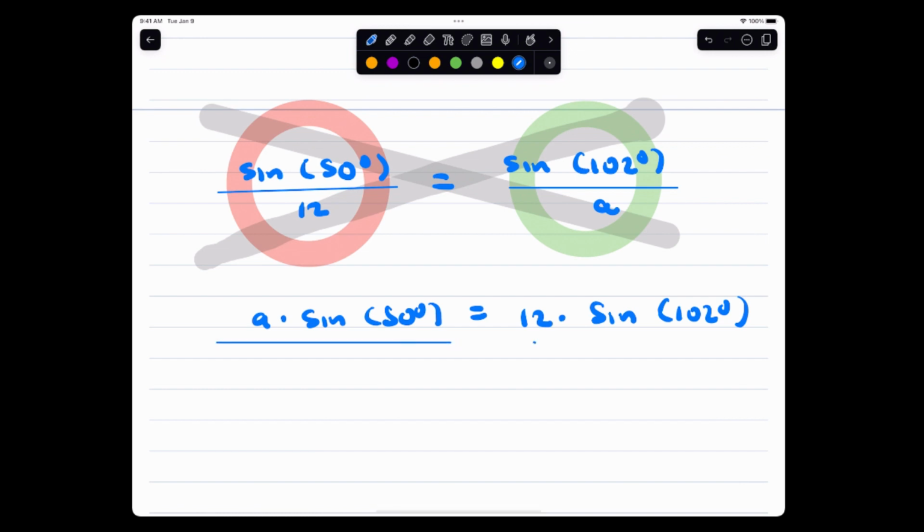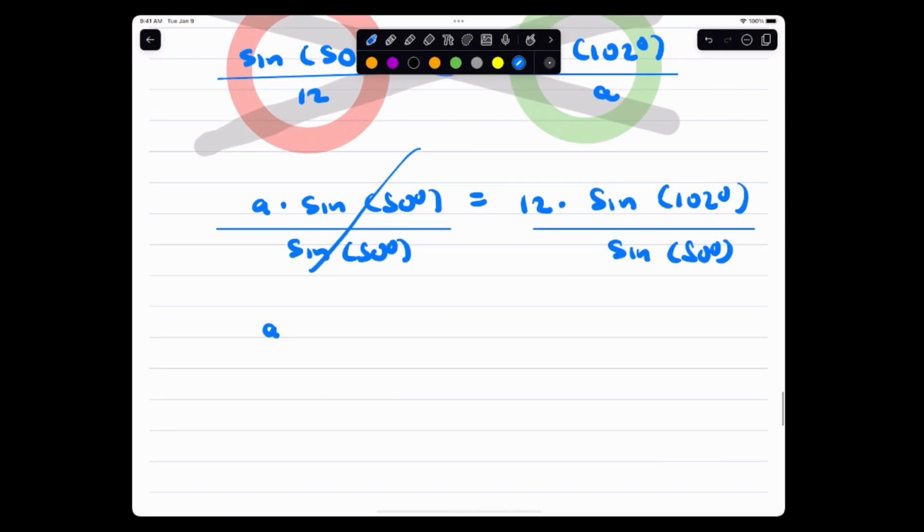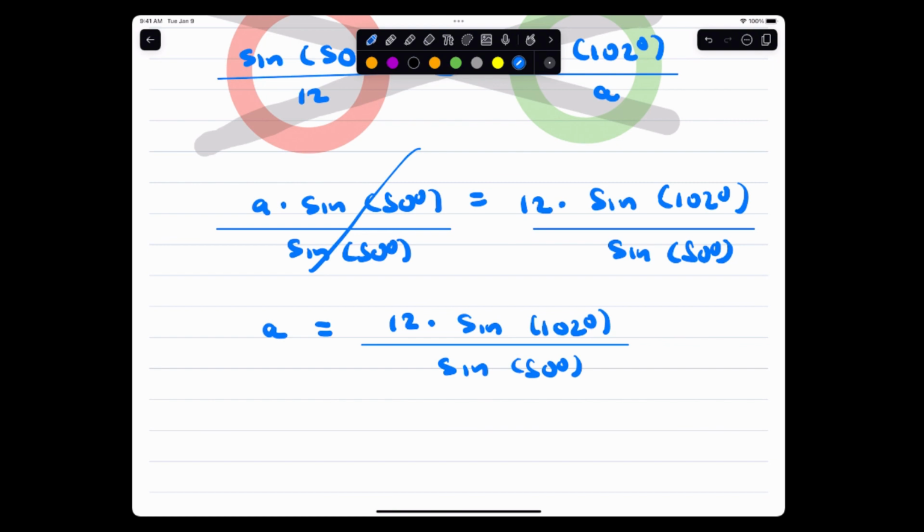So you're going to divide both sides now by sine 50. Sine 50, do you cancel? So A will be 12 sine of 102 degrees over sine of 50 degrees.